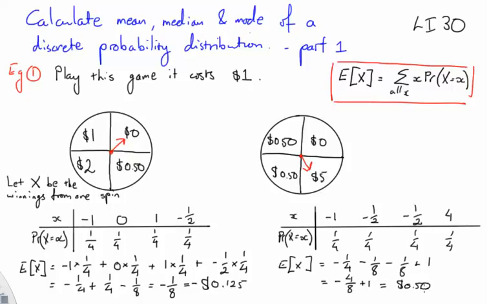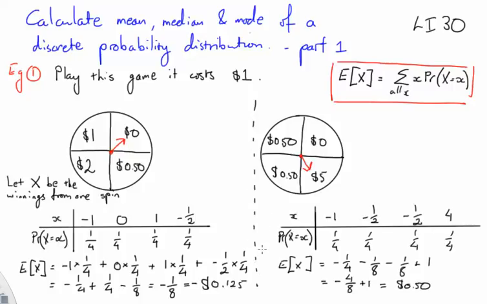What does that mean? It's a positive value. This means the expectation of this game is 50 cents. The average value of this random variable is 50 cents. On average, every time you play this game, you'll win 50 cents.